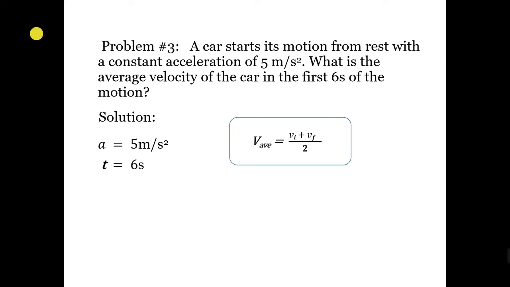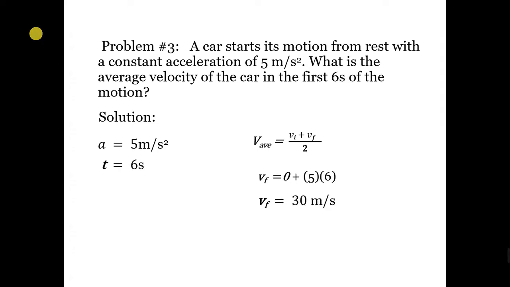Now the formula for the average velocity is 50% of the sum of the initial and final velocity. Now the problem is, we don't know the value of final velocity. Now let us solve for the final velocity.